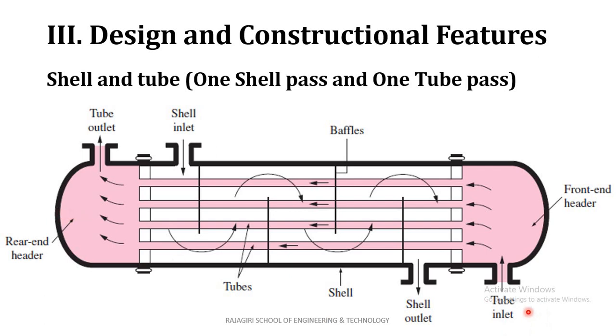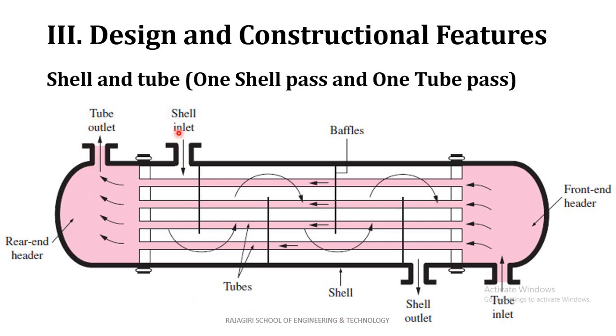The fluid moving through the tubes enters here on the front end header and moves through the tubes and will exchange heat with the shell side fluid, and it will exit at the other header with outlet.